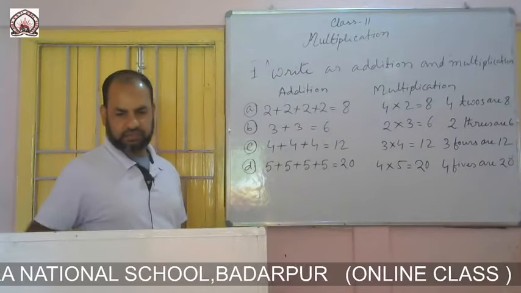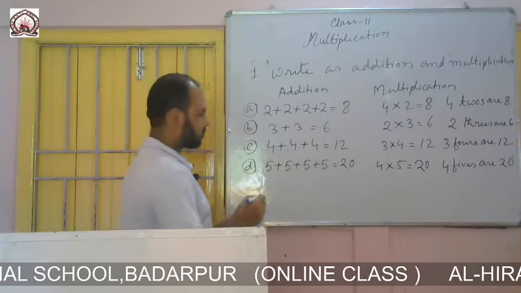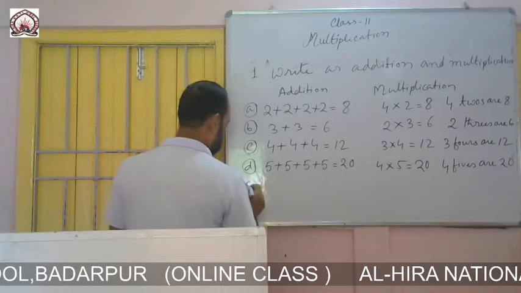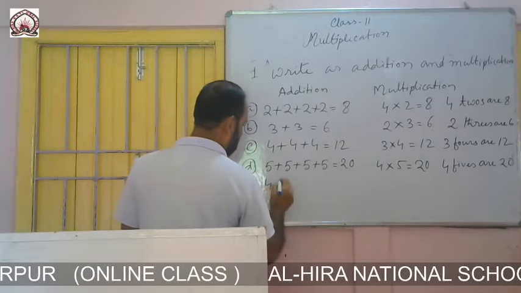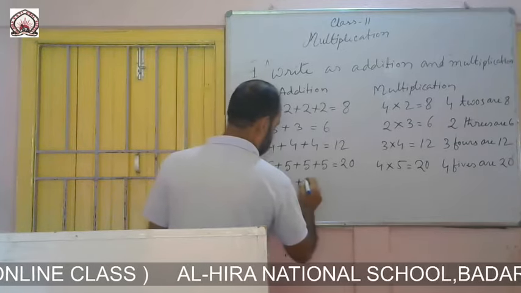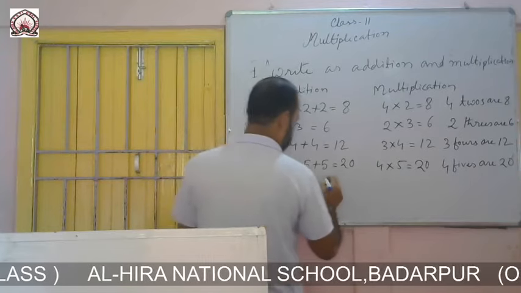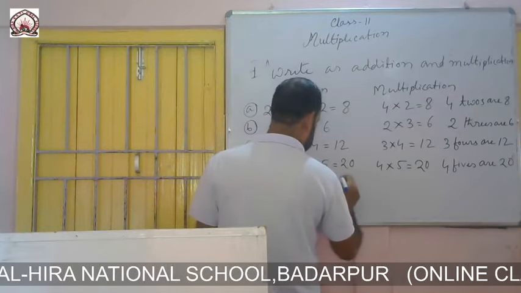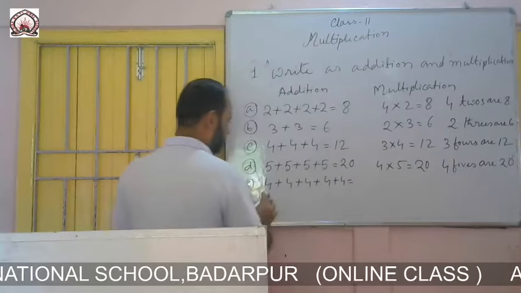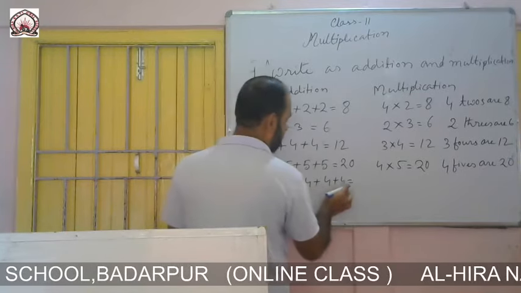Next, E. 4 plus 4 plus 4 plus 4 plus 4. So here 4 how many times? 1, 2, 3, 4, 5 times.